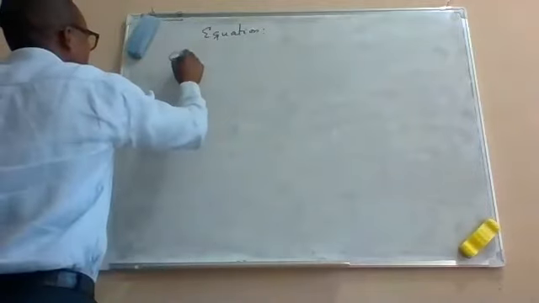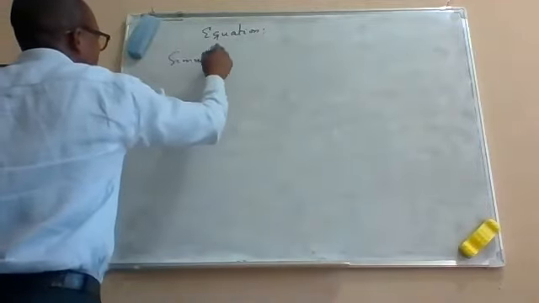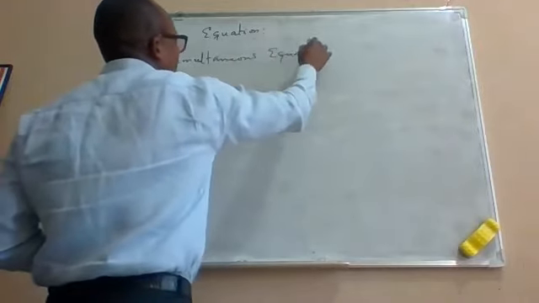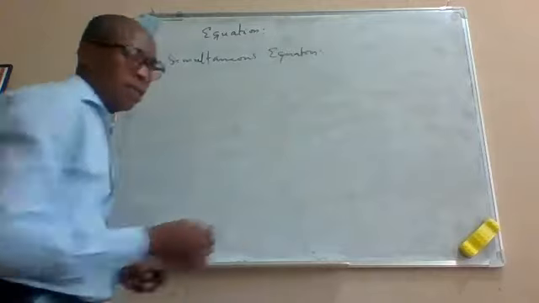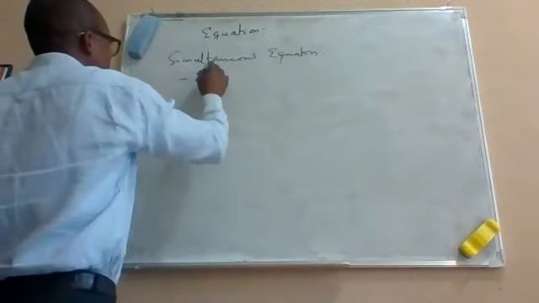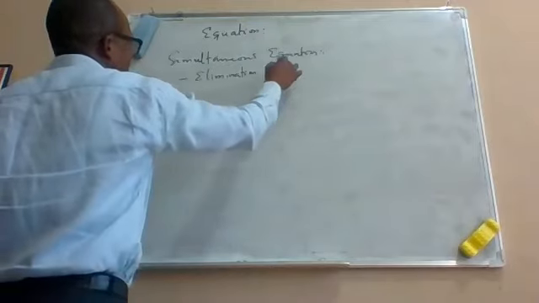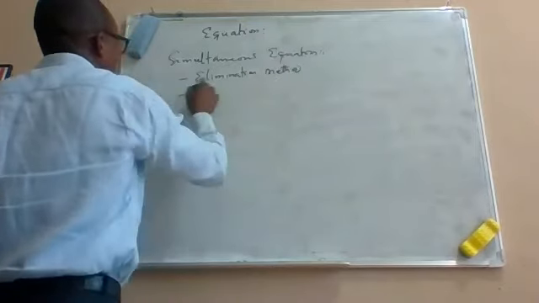So for simultaneous equations, we have 3 basic methods of solving them. We have the elimination method. We have the substitution method.